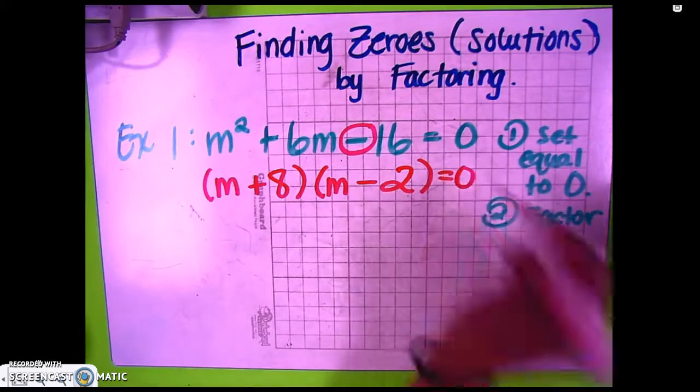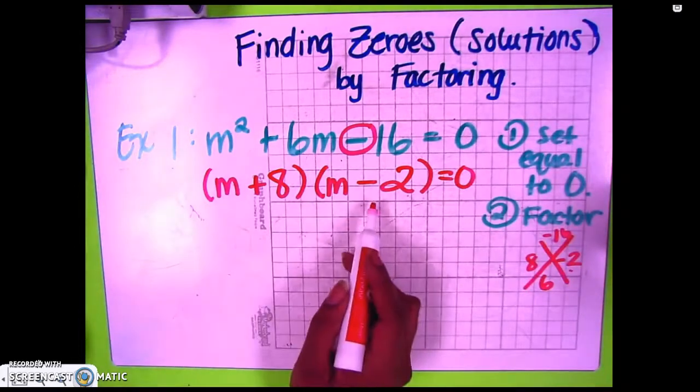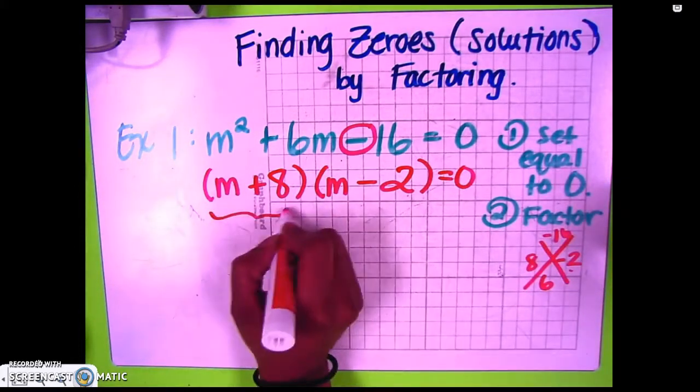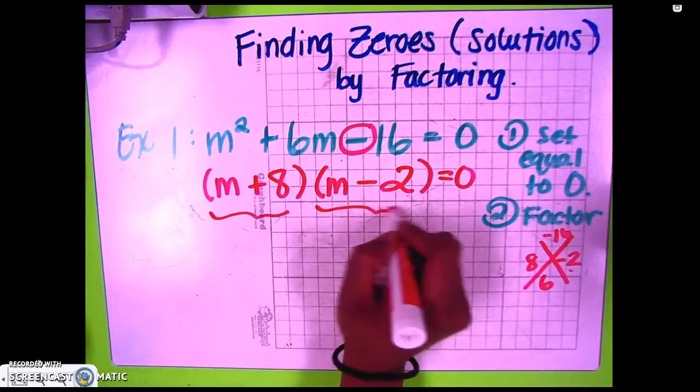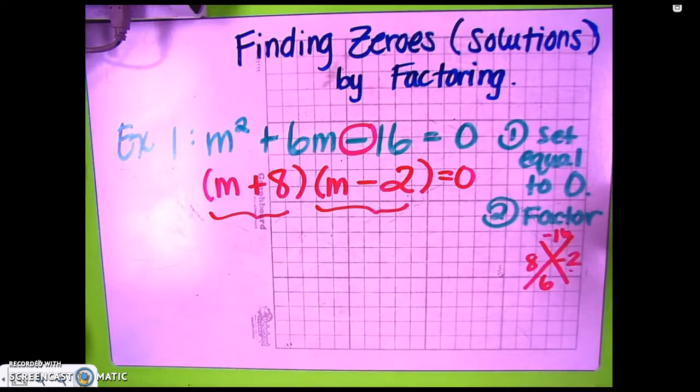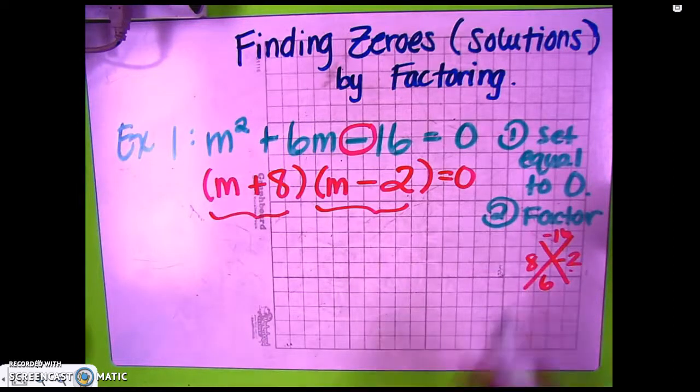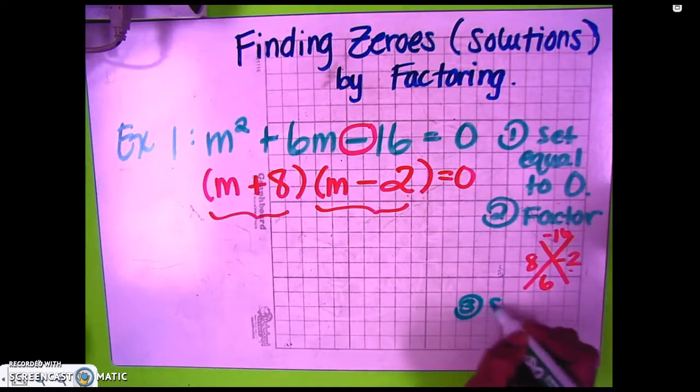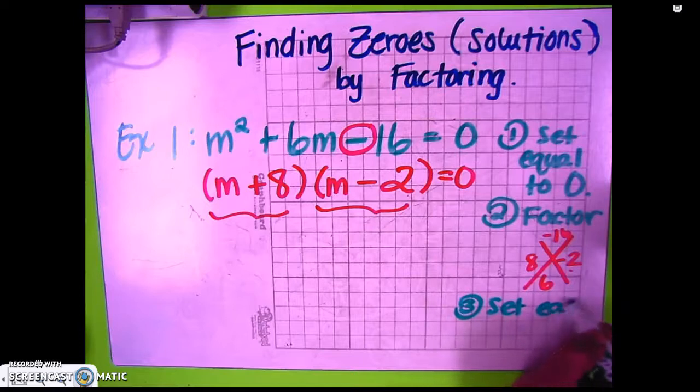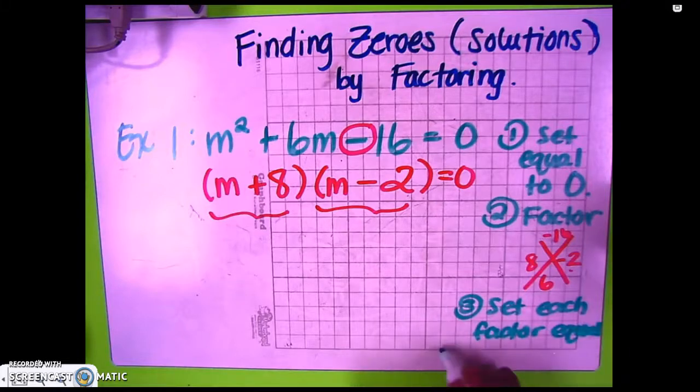So now we need to take each factor. This is one factor, and this is the other factor. We're going to take each factor and set them equal to 0, and then we're going to solve.